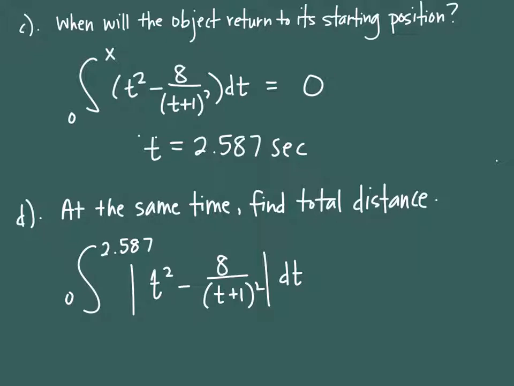That's under your math key, in the second column, which is number, and then you'll grab the absolute values. Put in x squared minus 8 over x plus 1 quantity squared dx. So let the calculator do all the hard work for you. You just have to remember to put the right bounds in and the correct absolute values.